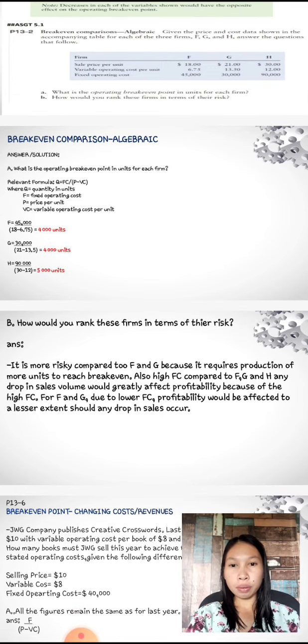For firm F, 45,000 divided by (18 - 6.75) equals 400 units. For firm G, 30,000 divided by (21 - 13.5) equals 400 units. For firm H, 90,000 divided by (30 - 12) equals 5,000 units.